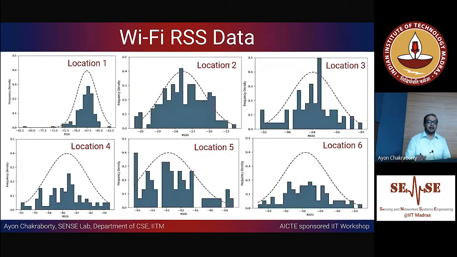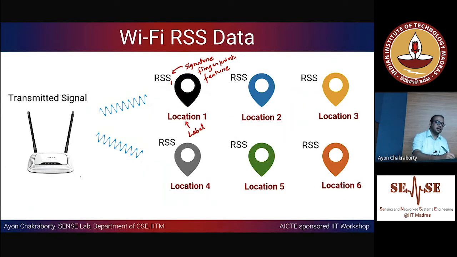Okay, and as you have already seen, the data changes with location. You will have a unique distribution for every location. So somebody has to go to these 6 locations. Let's say this is one room, right? Inside a room like this, you are trying to have this indoor locationing built, right? Let's say this is some room, a bedroom or something.